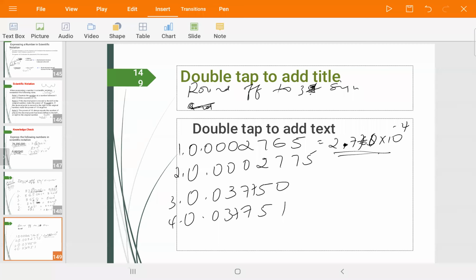Any suggestion? 2.76 times 10 to the power of negative 4.